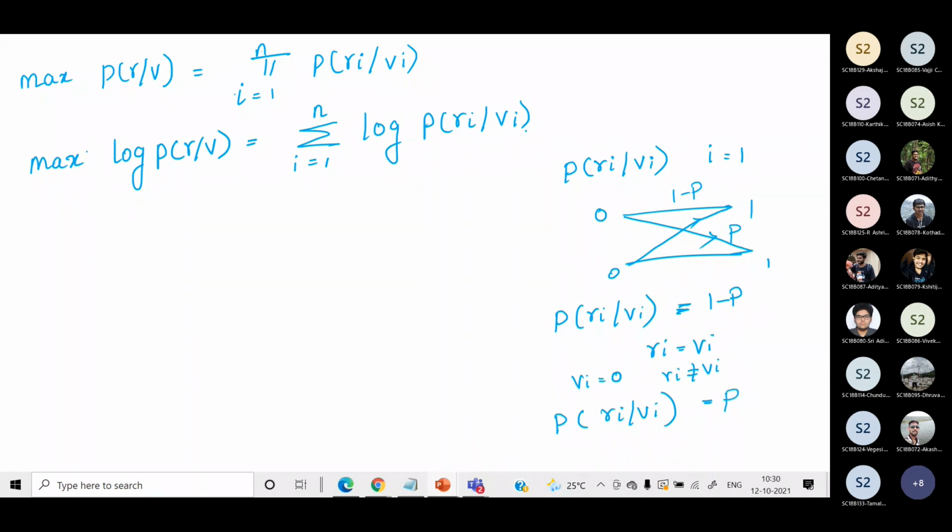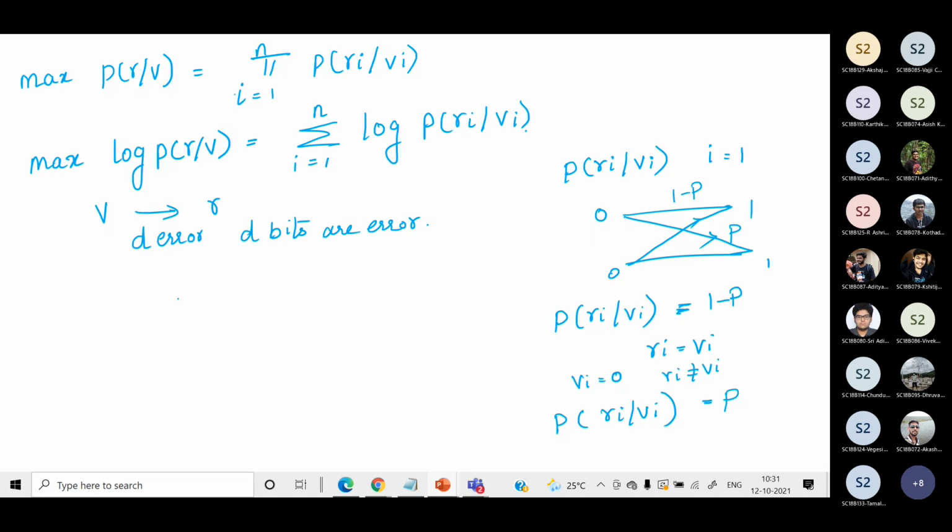So for example, you transmitted V and the received is R. For example, here D errors occur. That is, D bits are in error.